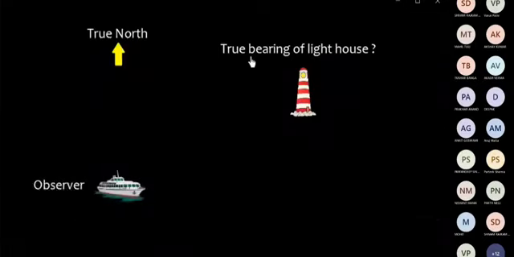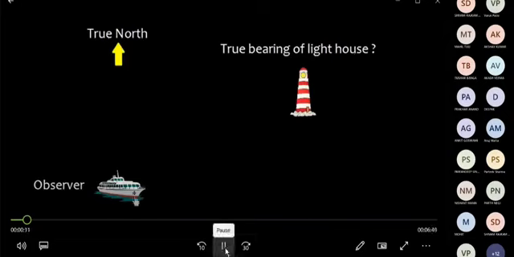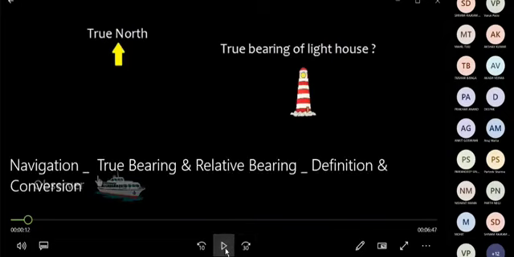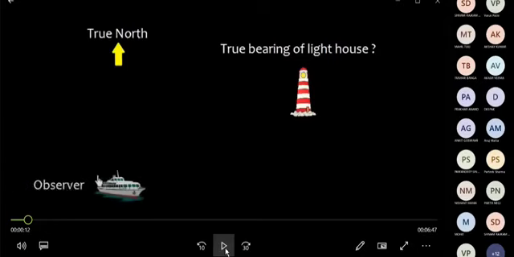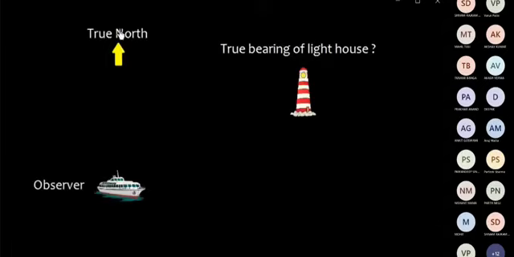In this video, I'm going to explain what is a true bearing of an object. Suppose this is a lighthouse and we need to find the true bearing of the lighthouse and we are on the ship. This is the observer here and this is true north. So this direction is true north from the observer.